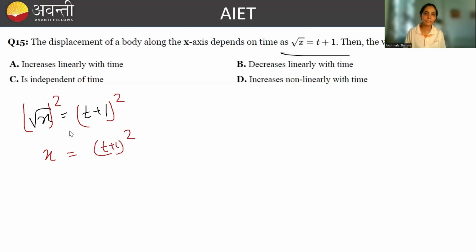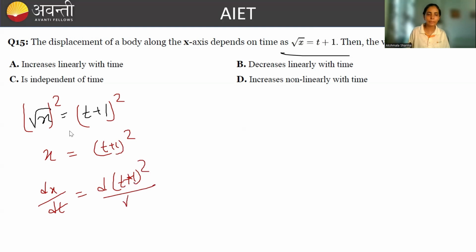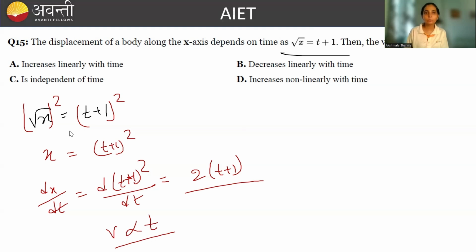So this will become x equal to t plus 1 whole square. If you're going to calculate its velocity, then velocity is what? dx by dt. So we will do d of t plus 1 whole square by dt. So this is 2 times t plus 1 times dt by dt, which is 1. Now you can see here velocity is directly proportional to time, so it increases linearly with time.